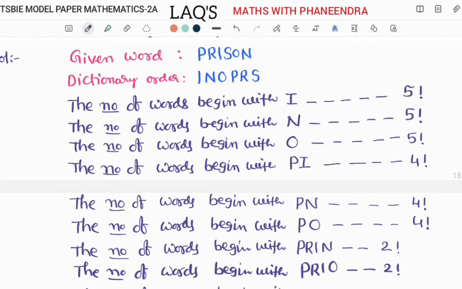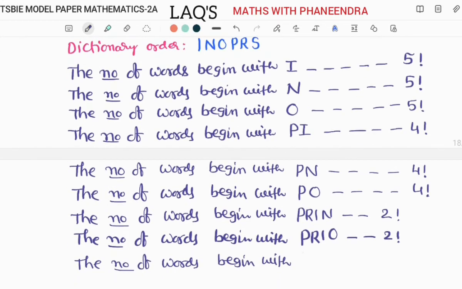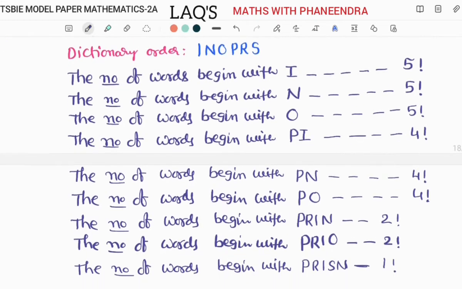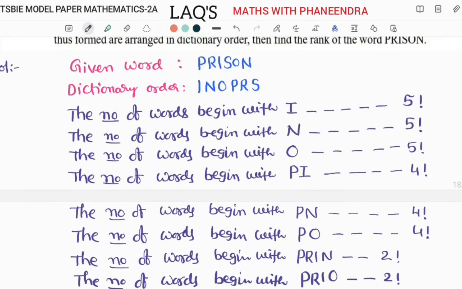If you start with PRISN, only one letter is pending, so that one letter can be arranged in 1 factorial way. So PRISN.